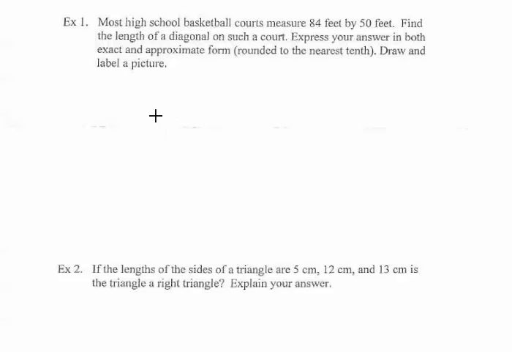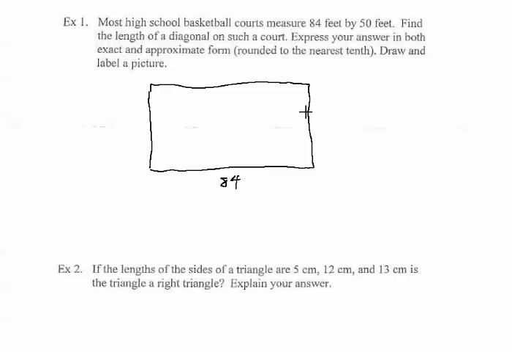Example 1, we have basically a problem that's identical to the last one. We just have different numbers, and this is about as good as I can do in the way of a rectangle. Wish these were straighter, but our dimensions are 84 and 50. This is a high school basketball court. Okay, so college is a little bit longer, I guess.